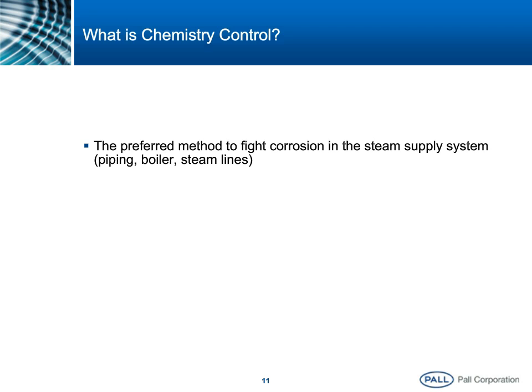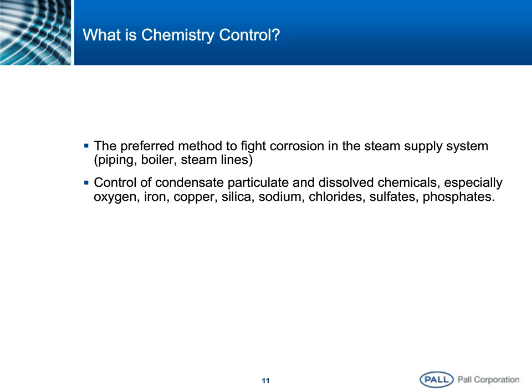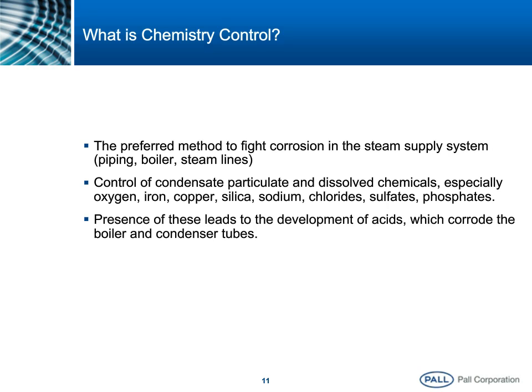By controlling particulates and dissolved chemicals, especially oxygen, iron, copper, and all the other contaminants you see listed here, just a few of them, we'll be able to avoid the consequences of these contaminants on the system, which really boils down to creating a very corrosive environment and attacking the hardware, so the piping and the tubing inside the boiler, but also the turbine blades themselves.